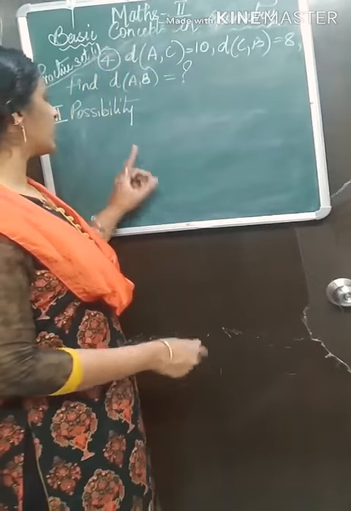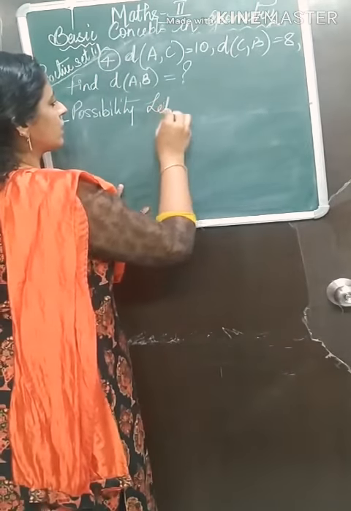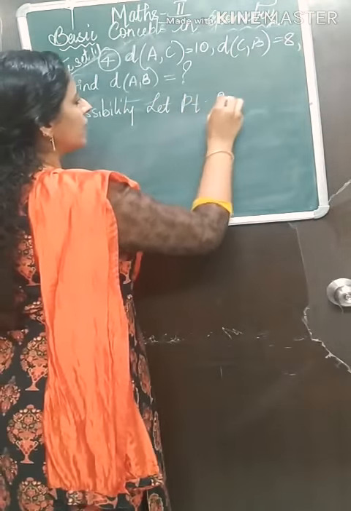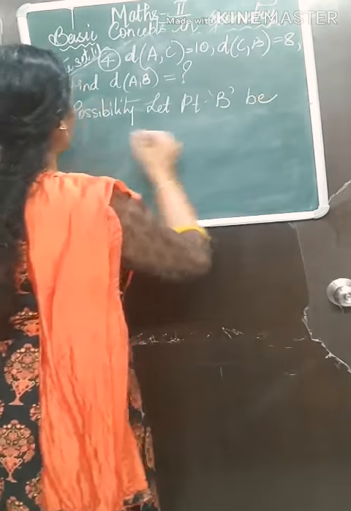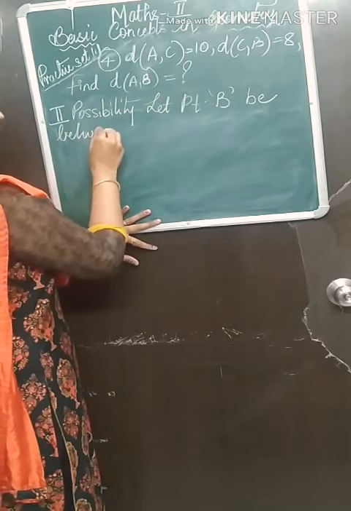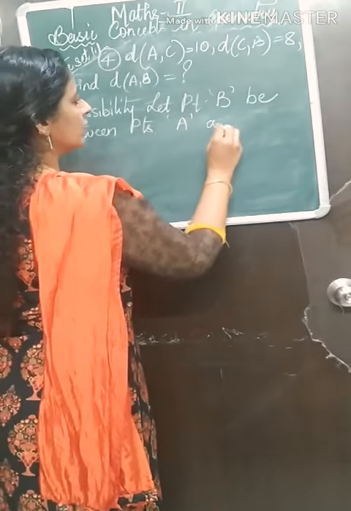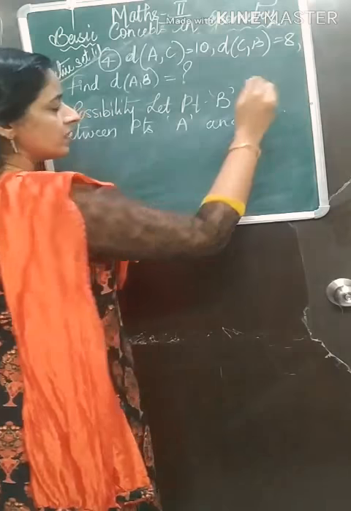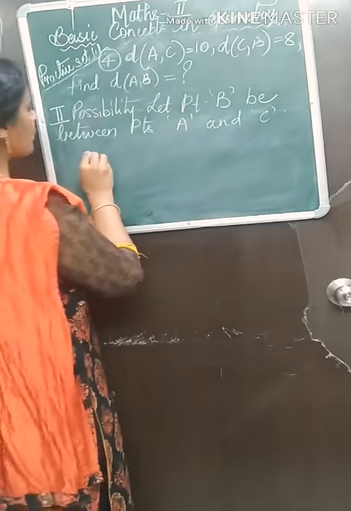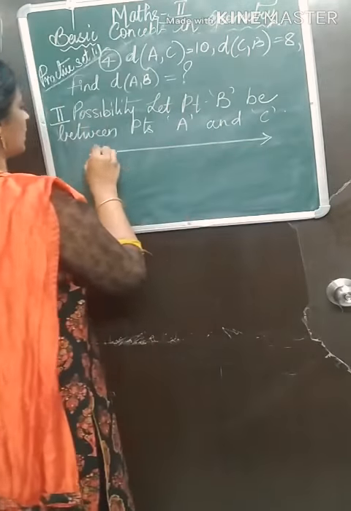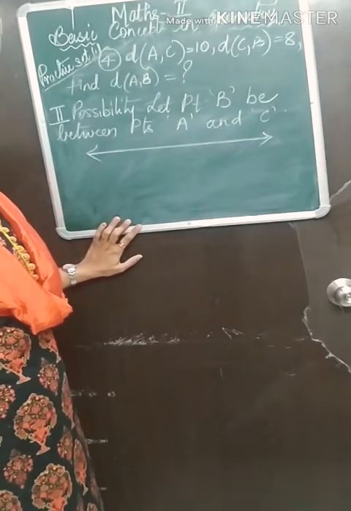In the second possibility, let us write: let point B be between points A and C. Then next step, you will draw the figure. So in this case, we took B in between.